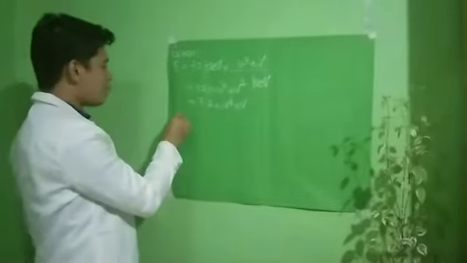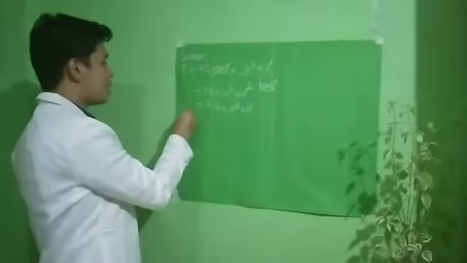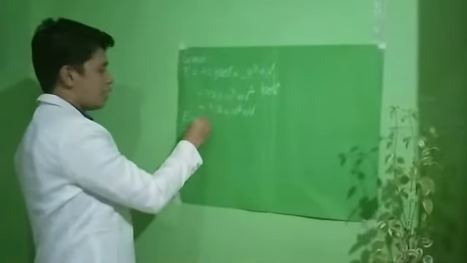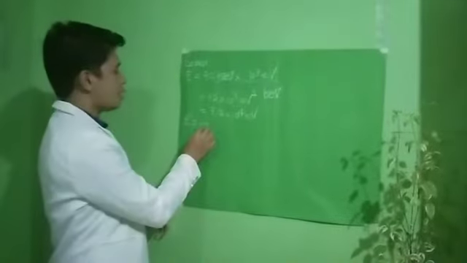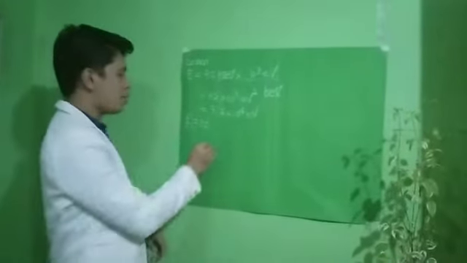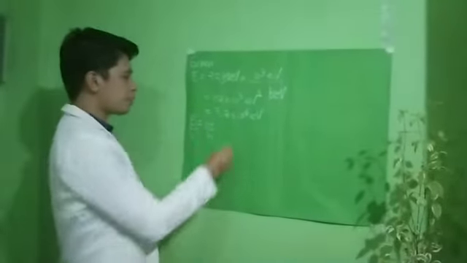Now, substitute our equation, diba? Our equation to find for the energy supposedly is E equals HF. Since we're going to find for the frequency, we need to divide both sides with the Planck's constant.